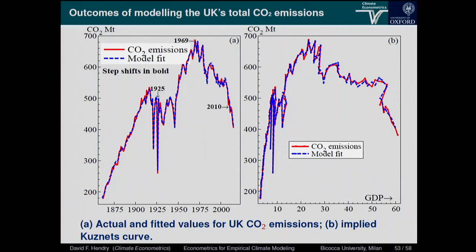But despite the fact that GDP is irrelevant, you can derive a Kuznets curve, as it's called. It's meaningless in my view. It's implied by the model, and it tracks it vastly better than any fit of any Kuznets model I've seen. So the left axis is CO2 emissions in millions of tons, megatons, and then the other axis for the Kuznets mimic is GDP, and as you can see, it comes down as GDP is going up.